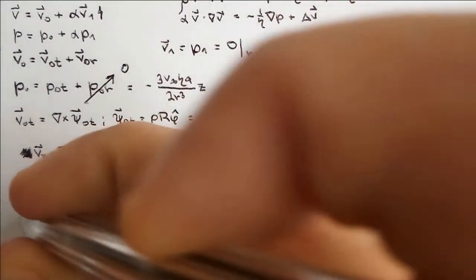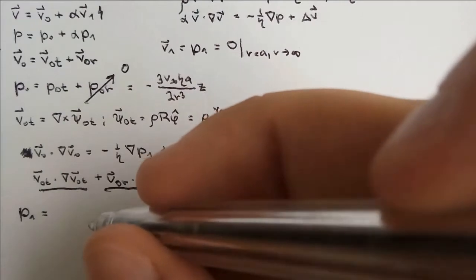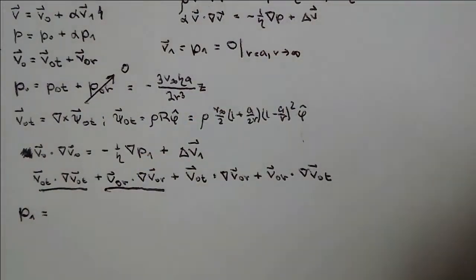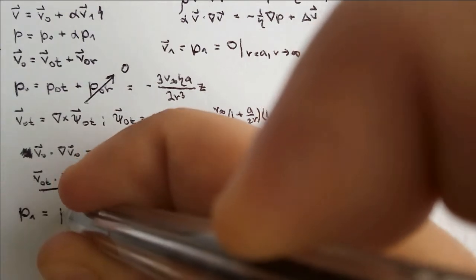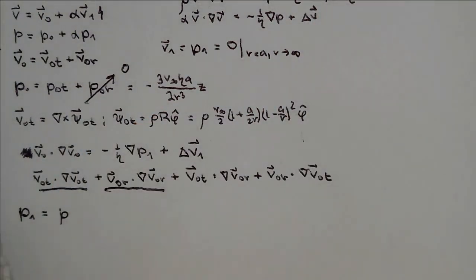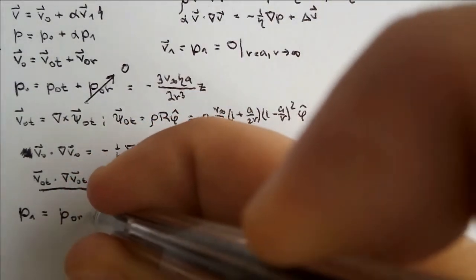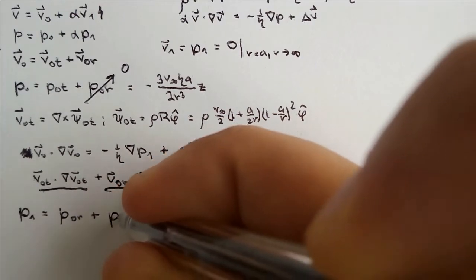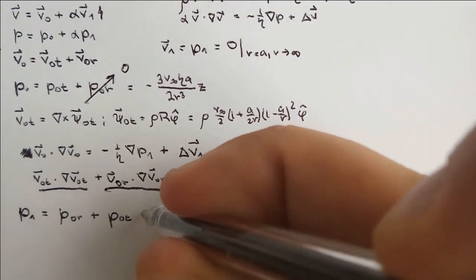When P1 is equal to, you can decompose it, P1 is equal to P, the pressure from the excited rotational part, plus the excited translational part from the Lamb solution.